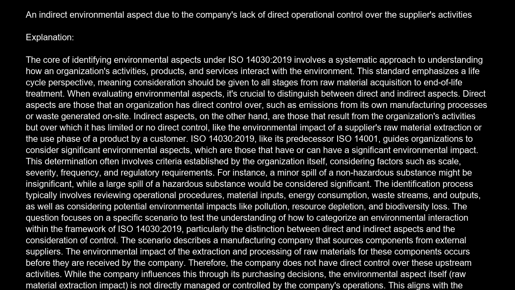The environmental impact of the extraction and processing of raw materials for these components occurs before they are received by the company. Therefore, the company does not have direct control over these upstream activities. While the company influences this through its purchasing decisions, the environmental aspect itself, raw material extraction impact, is not directly managed or controlled by the company's operations. This aligns with the definition of an indirect environmental aspect.